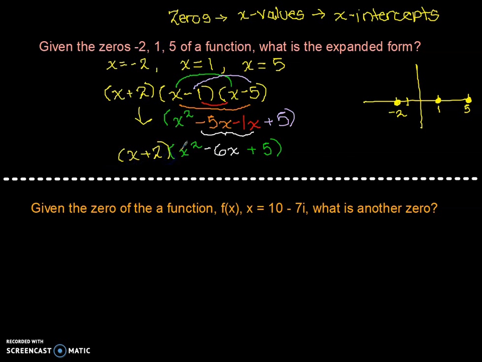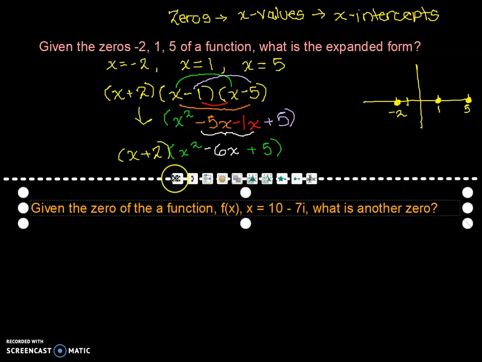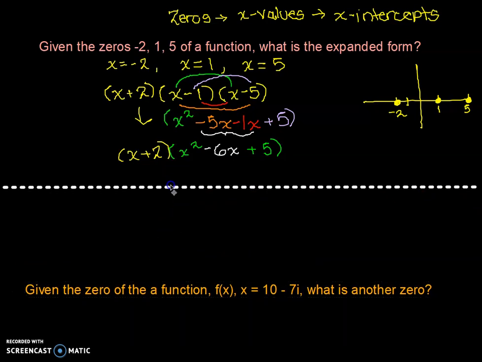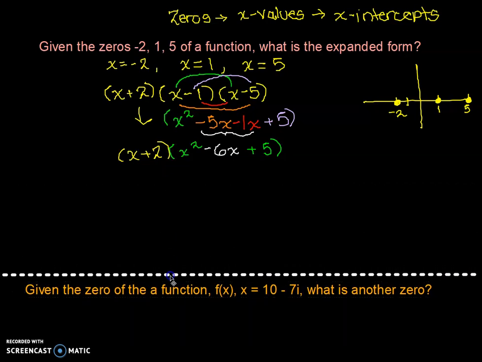Since the second parentheses has 3 terms, I'm just going to move this down, I need more room. Since the last parentheses has 3 terms, you can no longer apply foiling. You have to use what's called the distributive method.